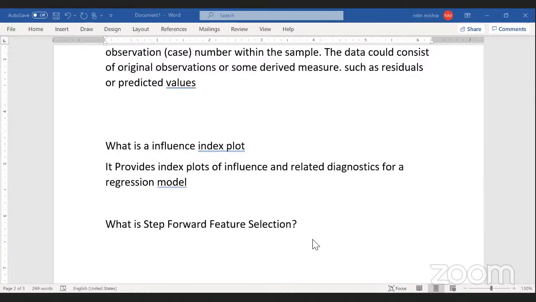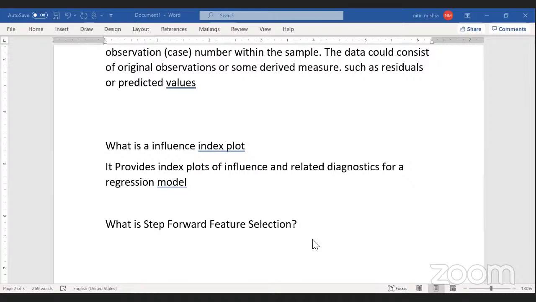Basically, in the first phase of the step forward feature selection, the performance is evaluated with respect to each feature.